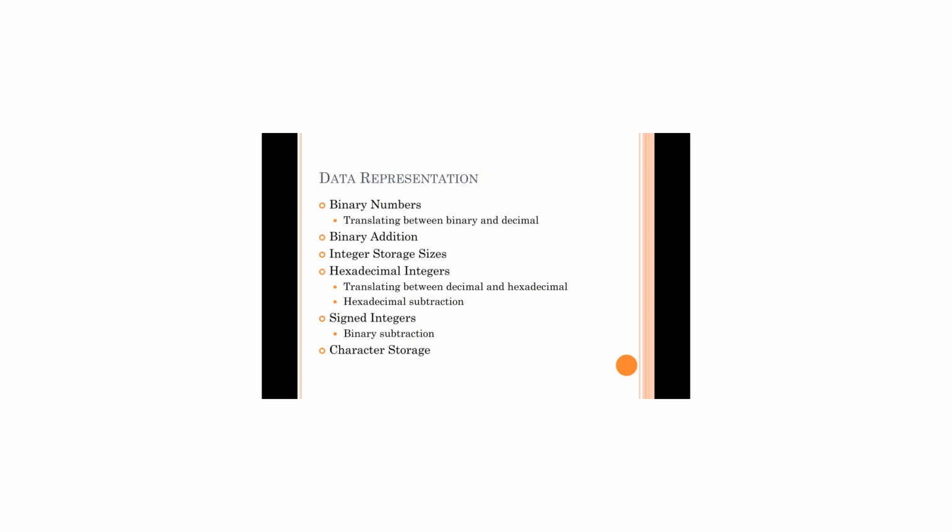So what we're going to learn in this video: binary numbers, and how to translate between binary and decimal. You just saw one example of translating from decimal to decimal. We're going to use a similar method to translate between binary and decimal. How to do binary addition, how to add two binary numbers.